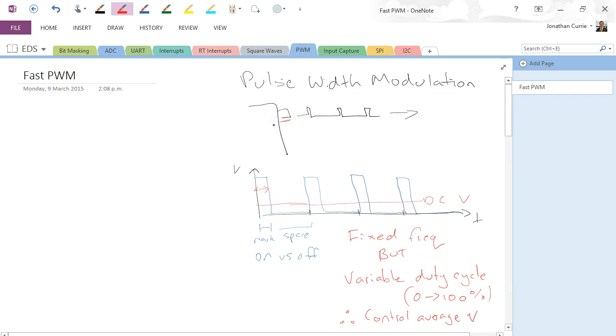And that's quite a useful thing to be able to do. So we're effectively going from digital to analog in a very rough way.